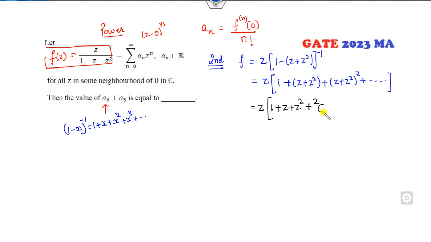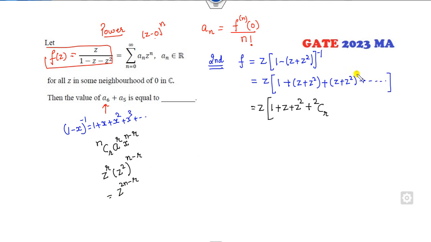So it is 2Cr. What is that? nCr a raised to power r, x raised to power n minus r. So a is this, that is z raised to power r, and x will be z square raised to power n minus r. So I can write this as z raised to power 2n minus r.